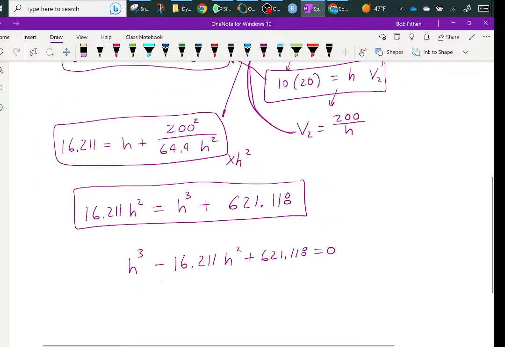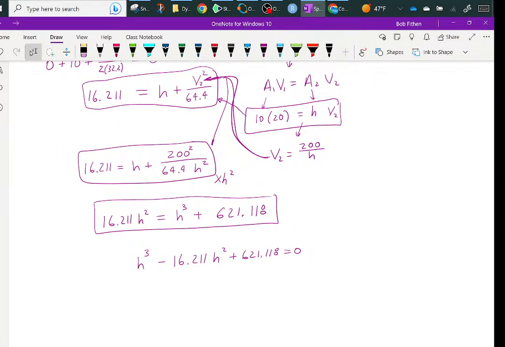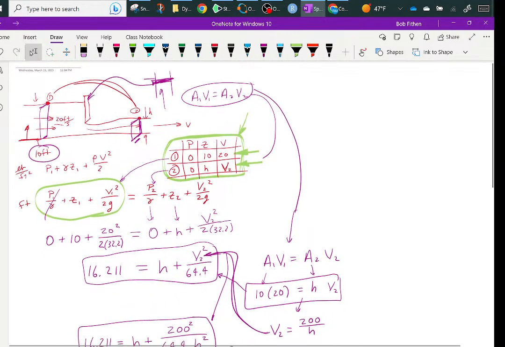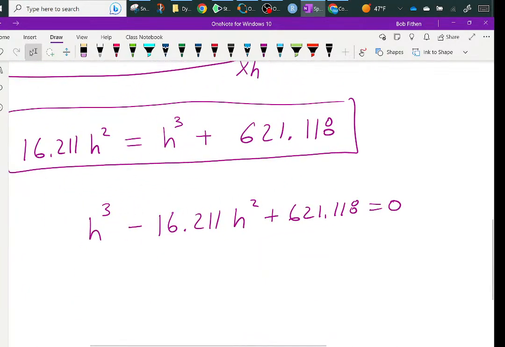Okay, so what I'm going to do is try to come up with a solution. Now this comes from me kind of knowing what's going on. But I'm going to put in H equal 10 and see what happens to this side.